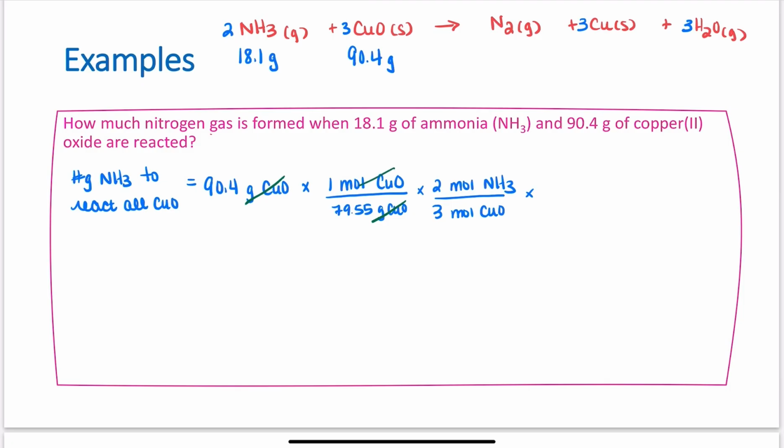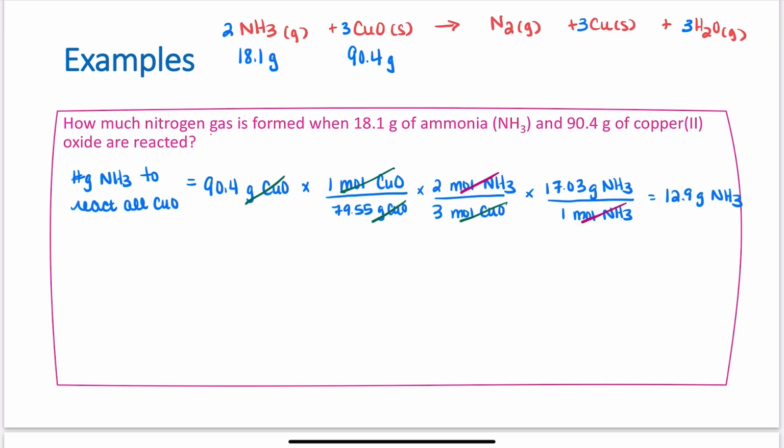This cancels my grams of copper 2 oxide. My moles of copper 2 oxide, I'm in moles of ammonia now, but I don't want moles, I want grams. So the molar mass of ammonia is 17.03 grams for every 1 mole of NH3. That cancels out my moles and gives me grams, and I calculated this out to 12.9 grams of ammonia.